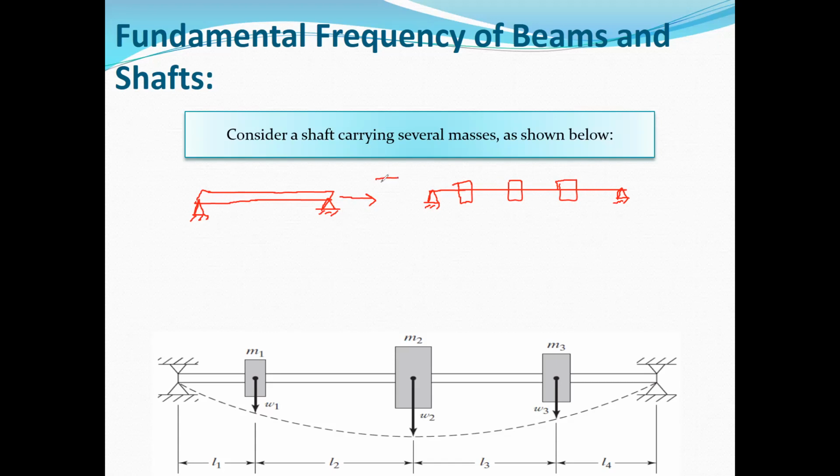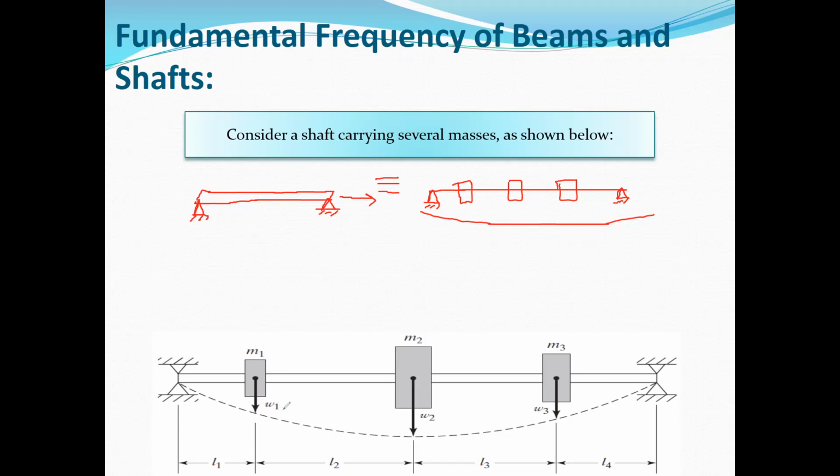And we can model this system as an equivalent discrete system like this. So in this section, we want to obtain the fundamental natural frequency for an equivalent system of a continuous shaft with several masses.